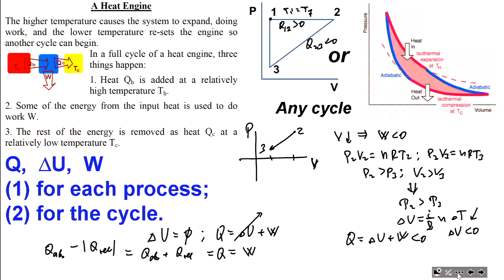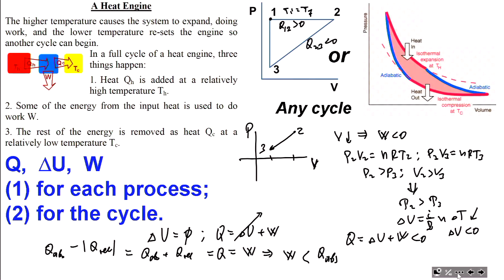And first of all, what we can see from this expression is that the amount of work is always less than the amount of heat the system absorbs. It's impossible to turn all the absorbed heat into work. Some amount always gets lost.